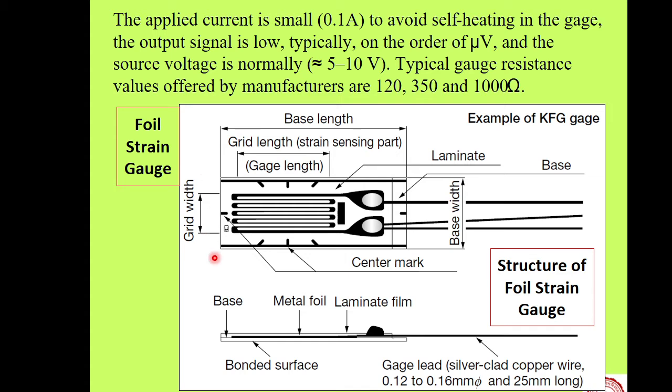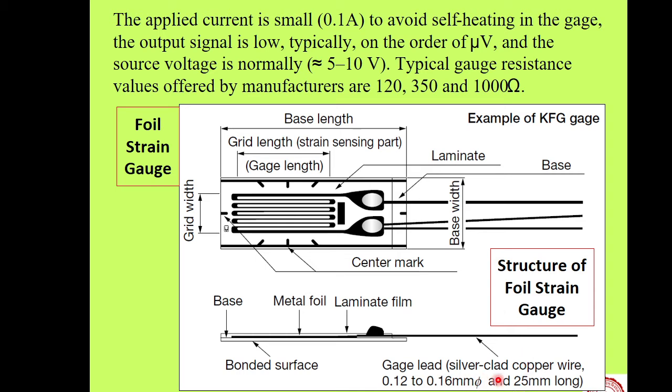If the active gauge length is 10 millimeter, then this would be about 20 or 25 millimeter, something like that. So, that is the construction part.